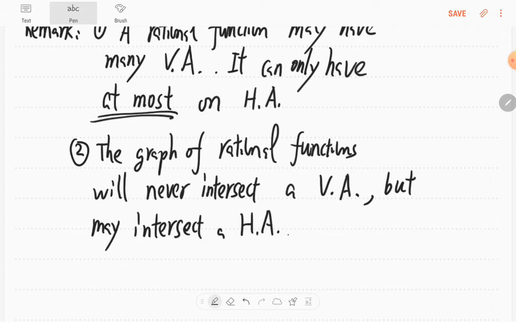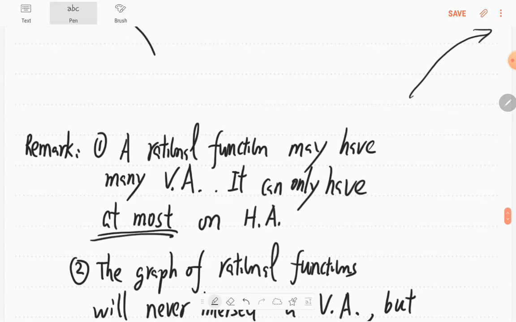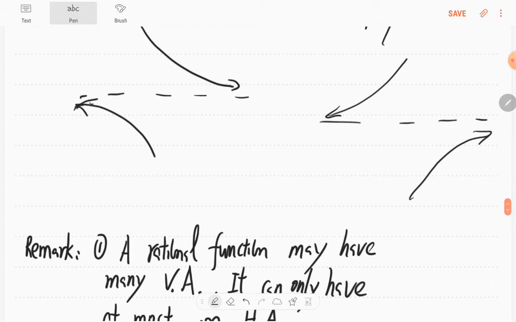Okay, so let's look at our next question: how do we find it? We know we can simplify the rational function first, then find the zeros of the denominator to locate the vertical asymptote, right?